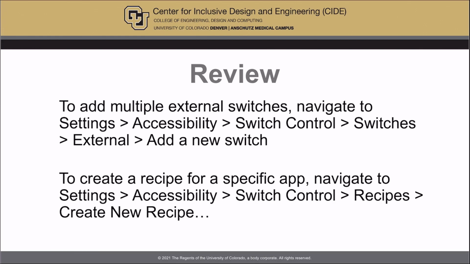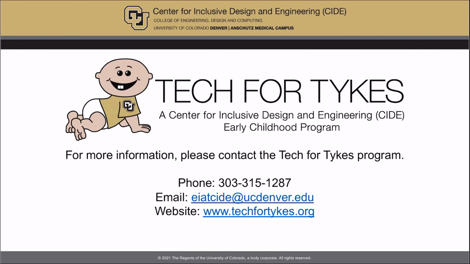To create a recipe, navigate to Settings, Accessibility, Switch Control, Recipes, Create New Recipe. Today we reviewed switch access options and customizations on an iPad or iPhone. You can connect multiple external switches, including Bluetooth, and you can also create recipes for specific apps.